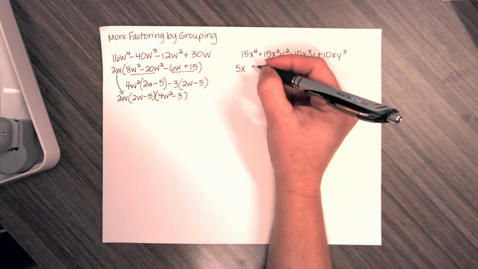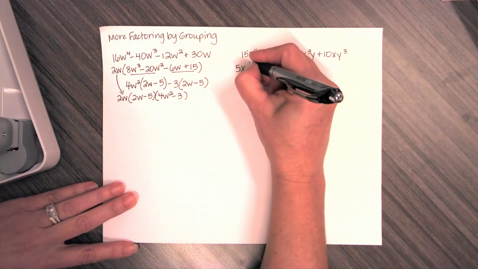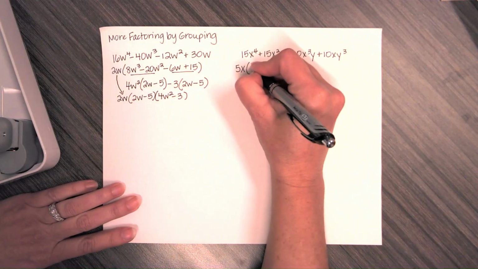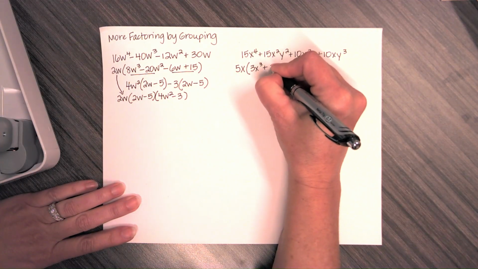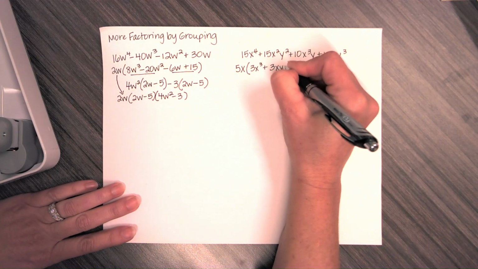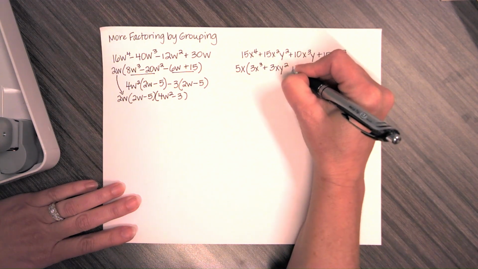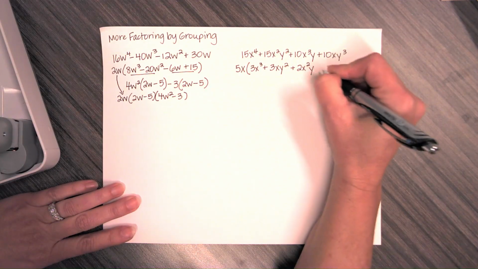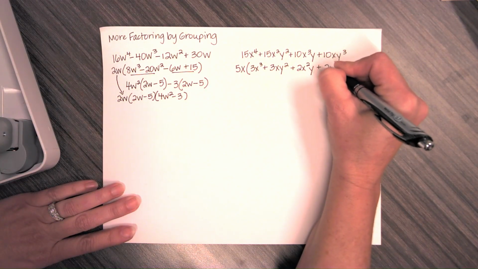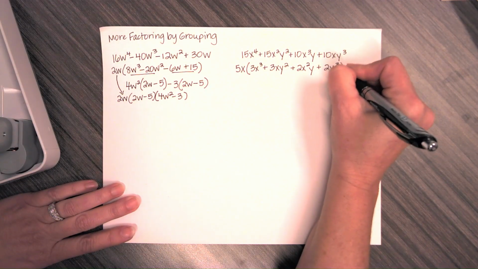So 5x is going to be my greatest common factor. I'm going to factor that out, which is going to leave me with 3x cubed plus 3xy squared plus 2x squared y plus 2y cubed.